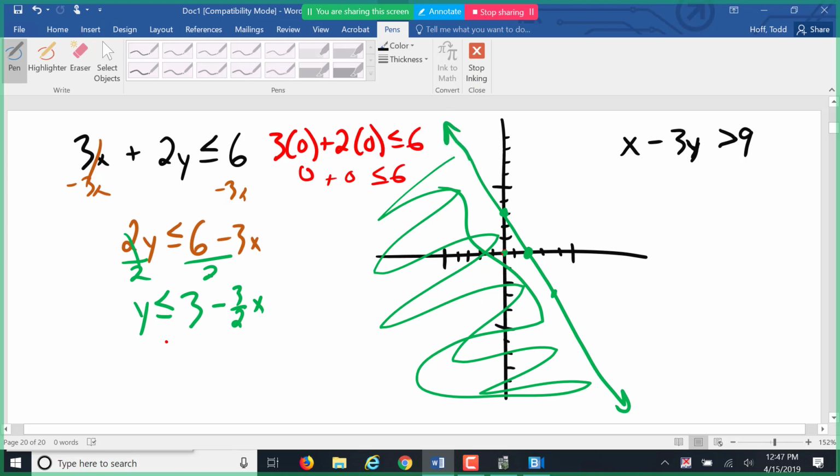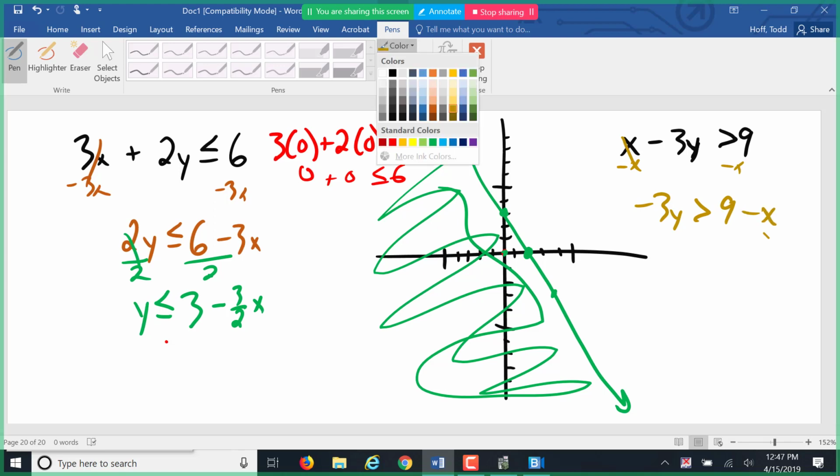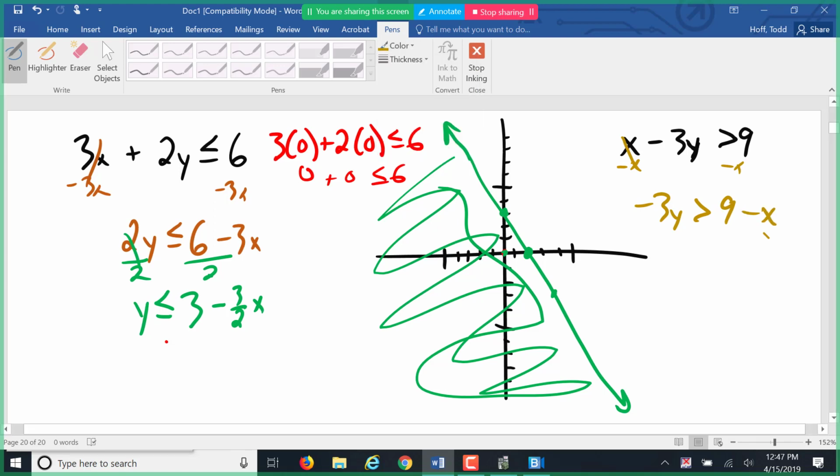What's our first step going to be to graph that? Subtract x. Good. So we've got negative 3y is greater than 9 minus x. What would be next? We divide by negative 3.